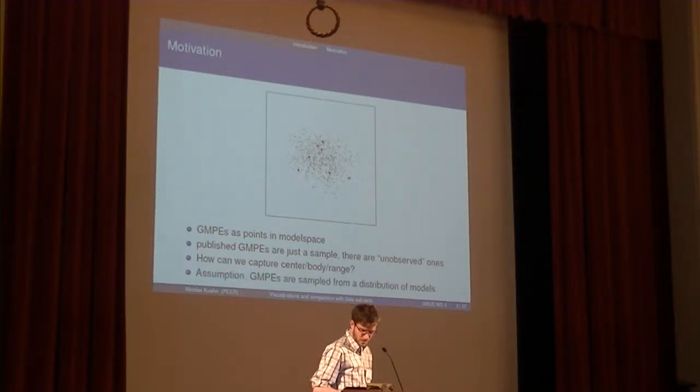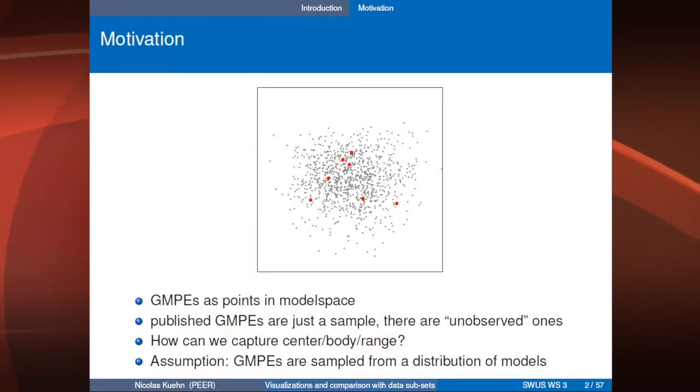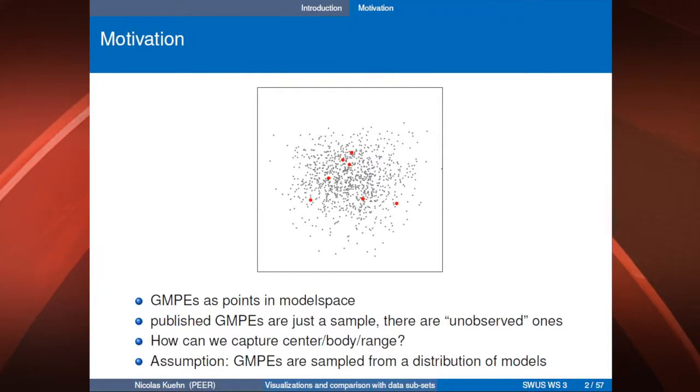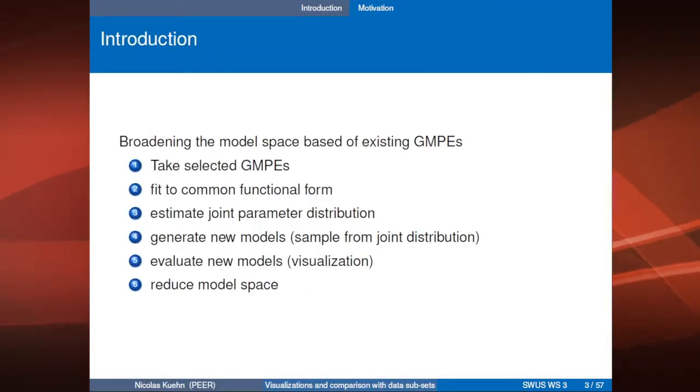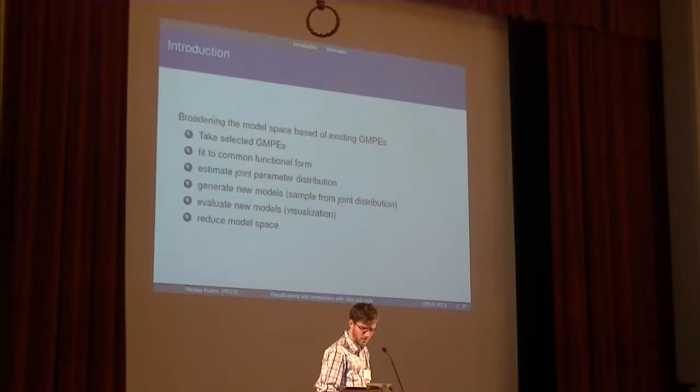All right. So the assumption that we're making is that each GMPE is actually a sample from a distribution of GMPEs. So the observed GMPEs are a sample of some distribution of GMPEs, and we somehow have to get to this distribution. How we're going to do that is we're going to take the selected GMPEs and fit them to a common functional form. Then from the common functional form, we have a set of coefficients for each GMPE.